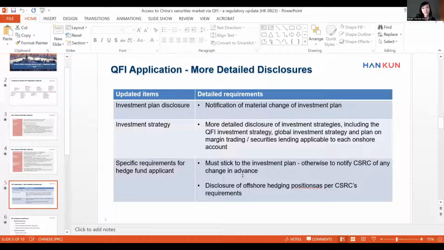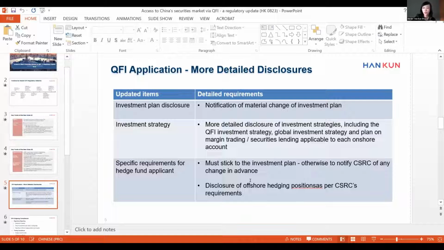Another interesting point to note is that while the application has been streamlined and further simplified, we also note that in the most updated application forms provided by CSRC, there are some additional disclosure requirements.